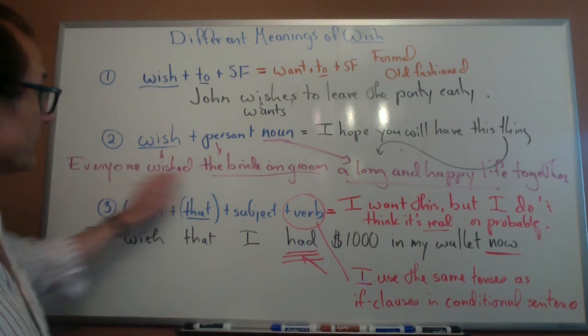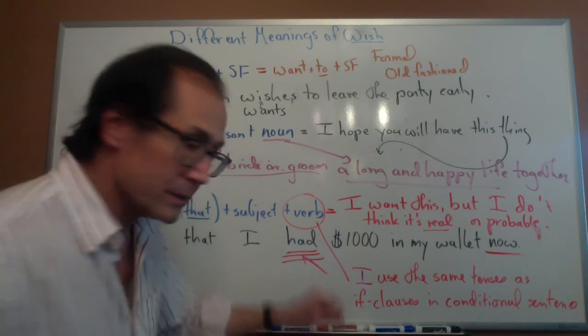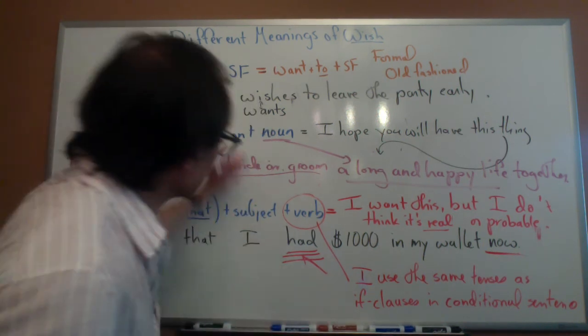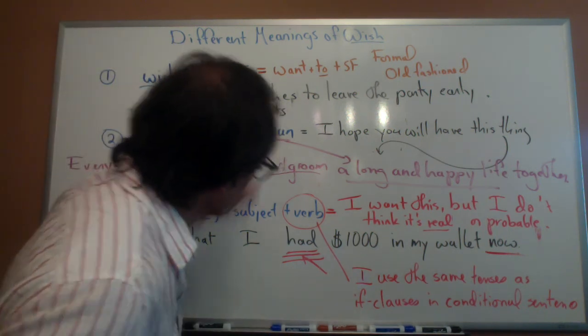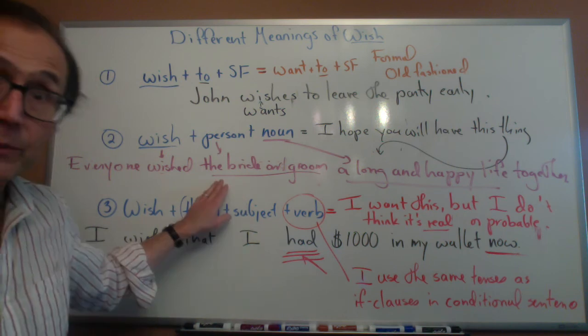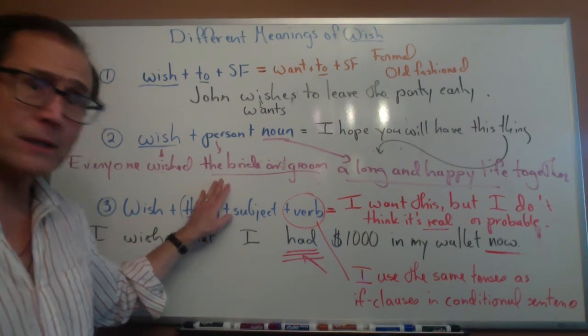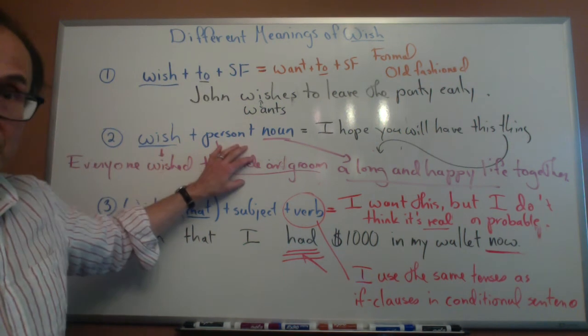Everyone wished the bride and groom a long and happy life. This is also possible, right? It's very possible they will lead a long and happy life. So this is possible and this is possible.